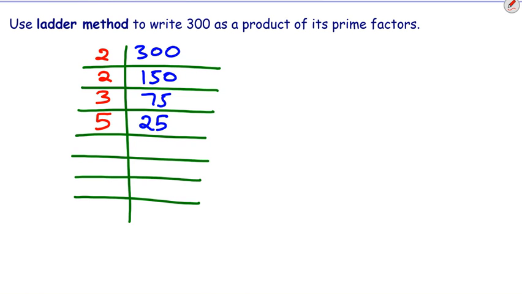And then of course 25 divided by 5 is 5, so I write 5 here. And then I can divide 5 by itself and end up with 1, so we'll have 1 here.